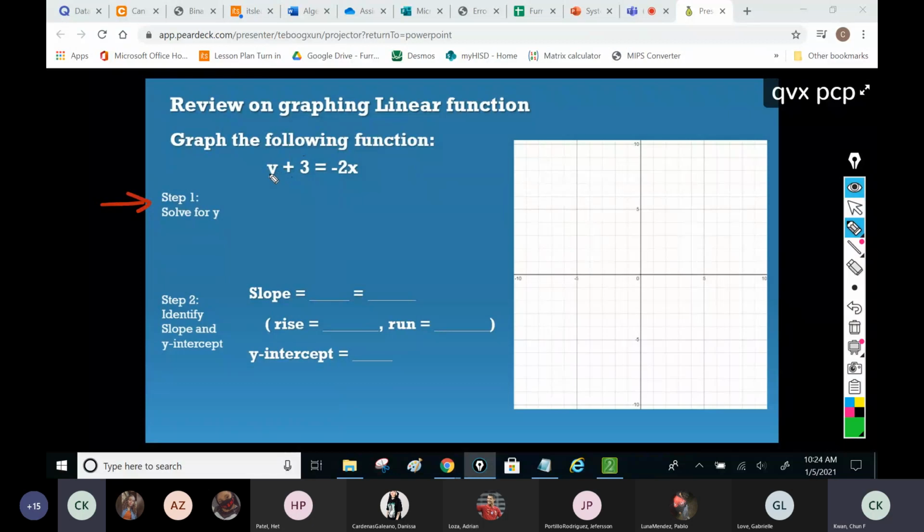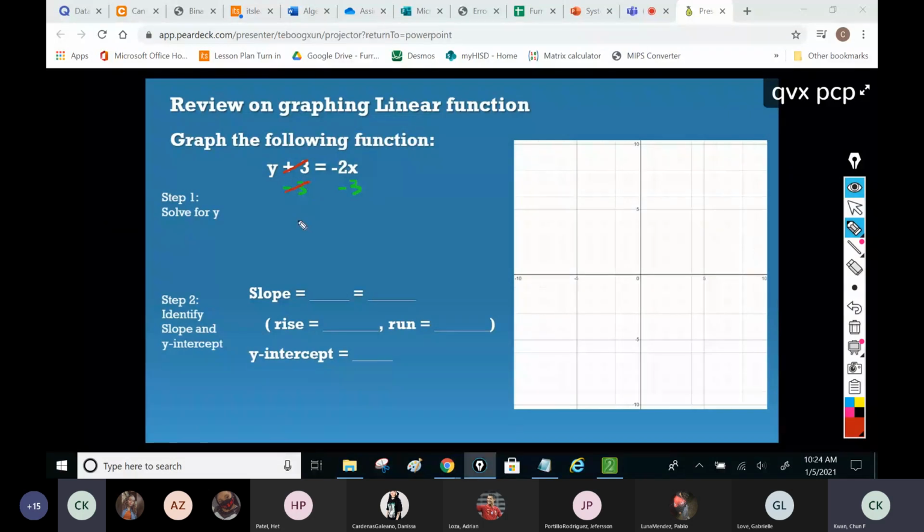Let me say it again. So y has to be alone and on the left, so that means the plus 3 right here, you're going to have to move it to the right. So I'm going to do the opposite of plus 3. So I'm going to do minus 3 on the left, minus 3 on the right. And then the plus 3 and minus 3 will cancel out.